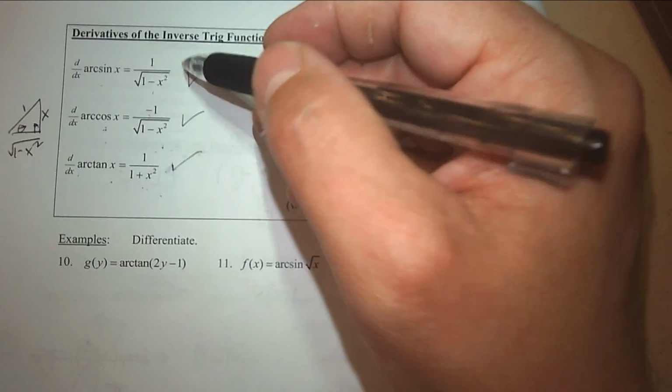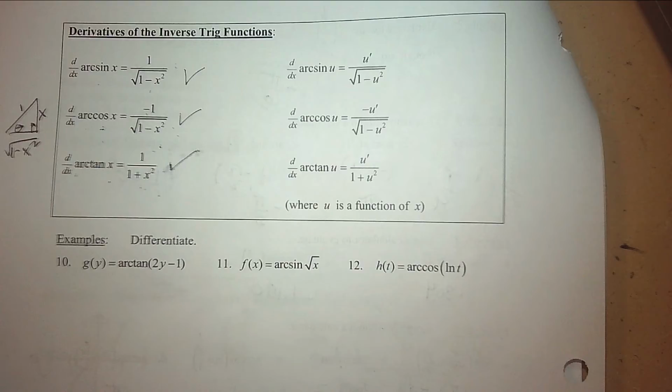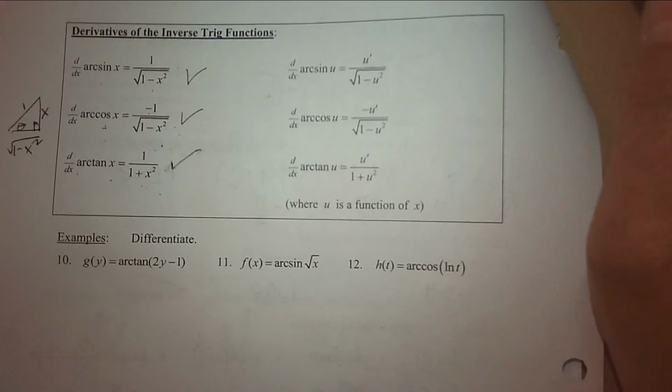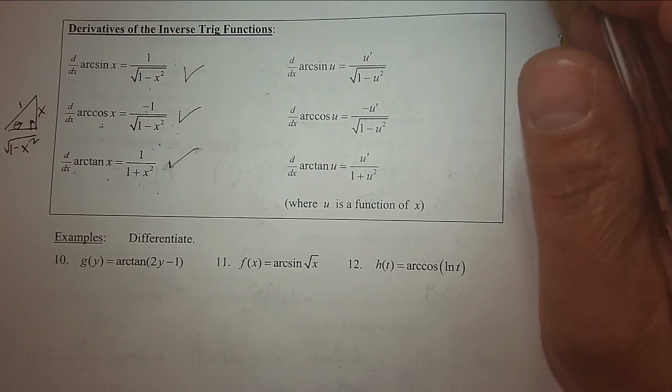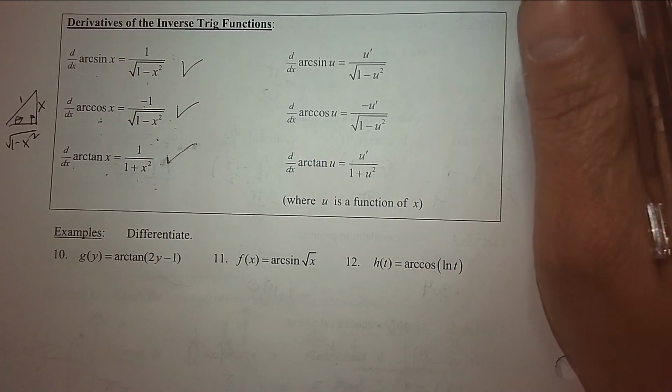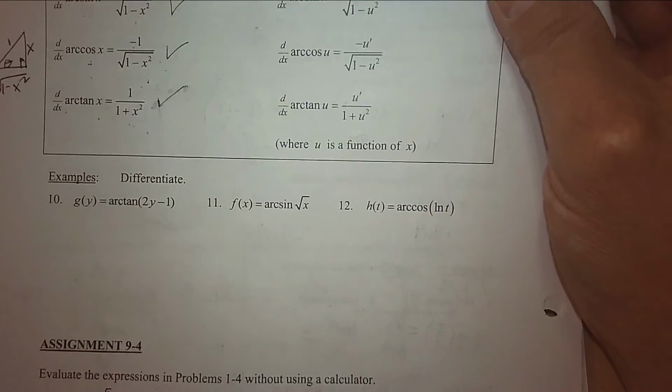Now the truth is that when we integrate, we actually don't need both of these. So in the next lesson, because they're basically the same except one's negative, you can always change the sign to negative one and just use sine and not worry about cosine. So you'll see that in the next lesson.